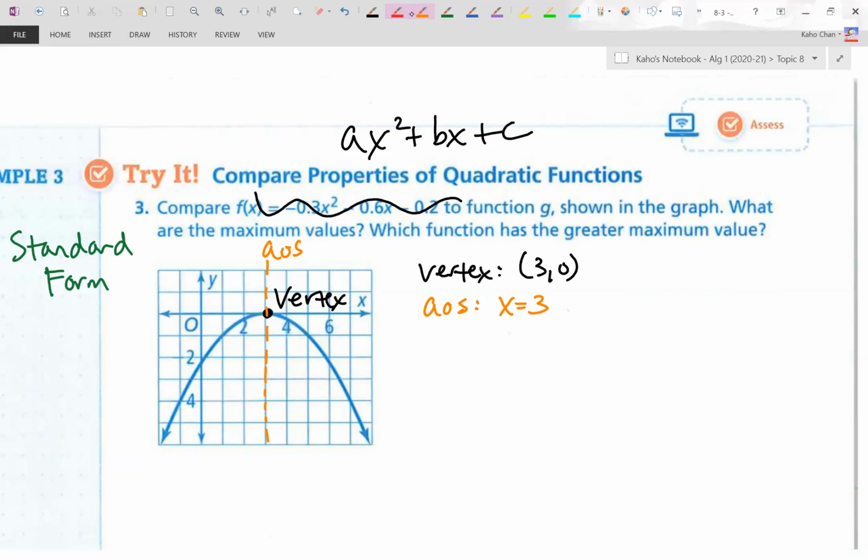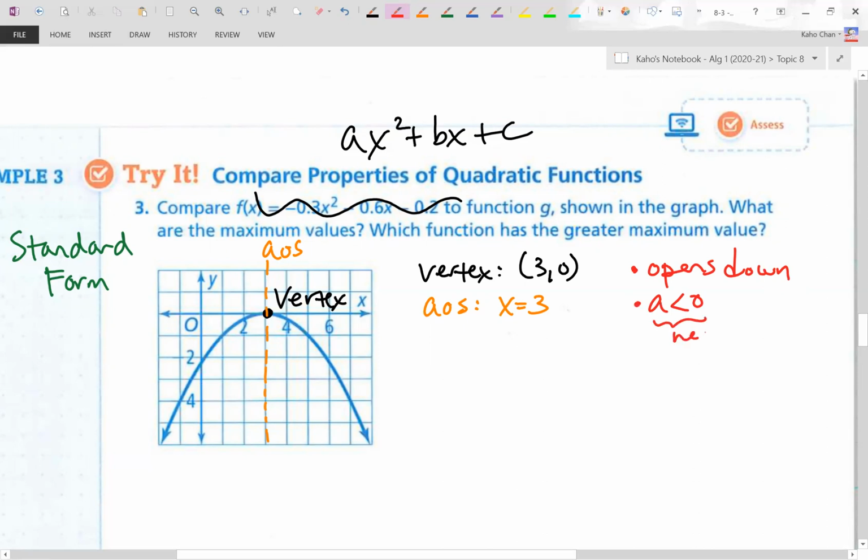Another thing we notice is that this particular parabola opens down, which basically says that a is negative. Very good. And because this parabola is opening down, the vertex is a maximum.